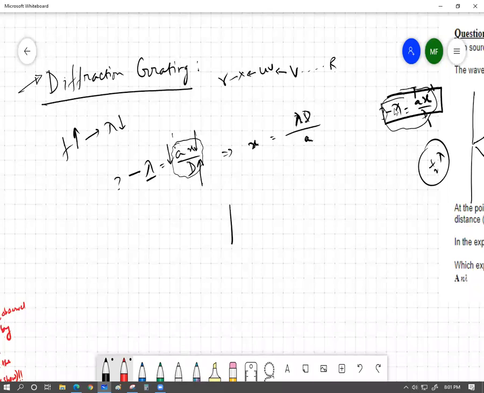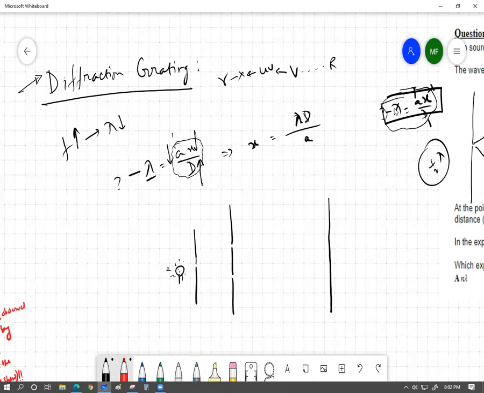Now, have a look. Let's say this is our double slit setup, and this is our single slit setup, and this is our light bulb, which is giving us the light, and here is our screen.